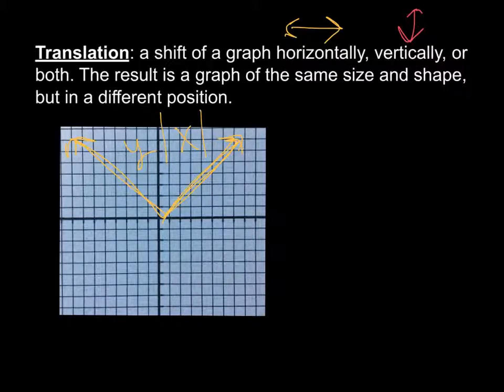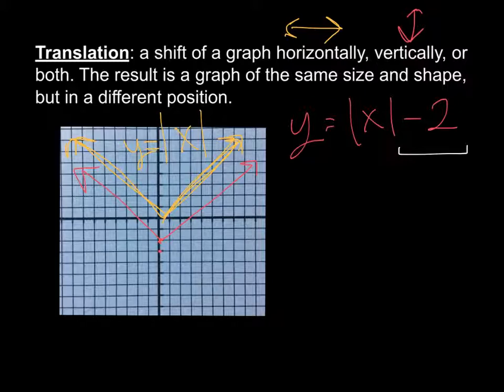So that's y equals the absolute value of x. What if I want to graph y equals the absolute value of x minus 2? This graph, right here, y equals -2, looks like this. So what can you infer about this -2 here?